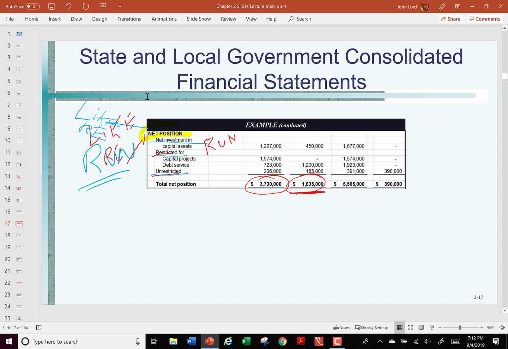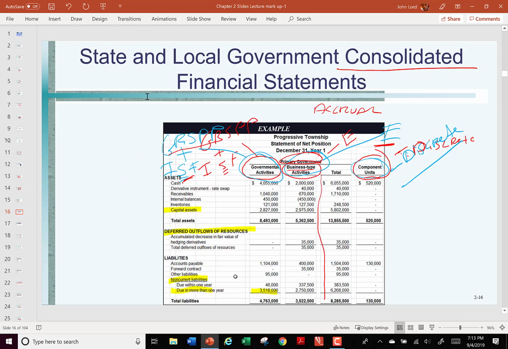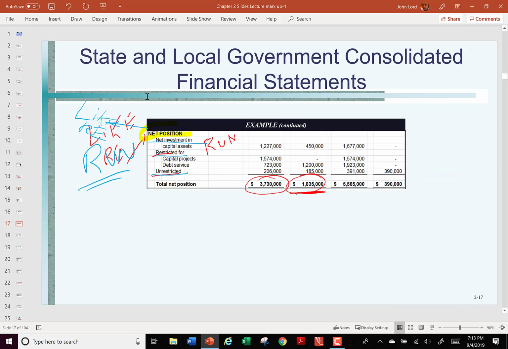We simply report the net position as the difference between what? Between the assets and the liabilities, don't we? That's the recommended format for reporting things on your statement of net position of the government-wide level, that you show net position as the difference between your assets plus your deferred outflows minus your liabilities plus your deferred inflows. Difference equals the net position, right?